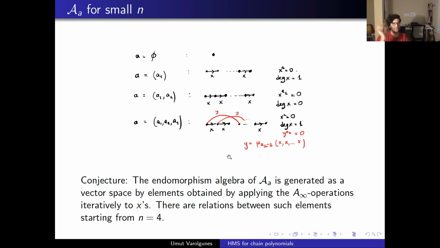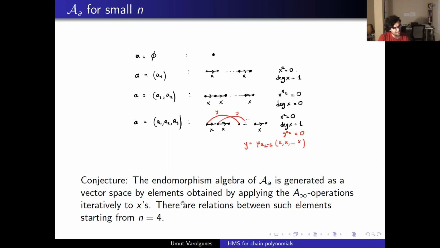So you put in this element x in A infinity operations, in nested, iterated ways, in all ways you can, and those elements should generate the algebra as a vector space.